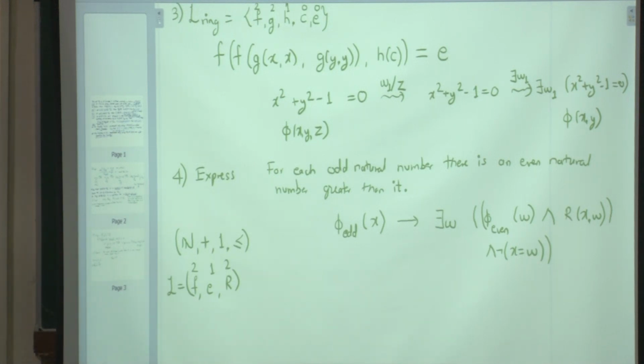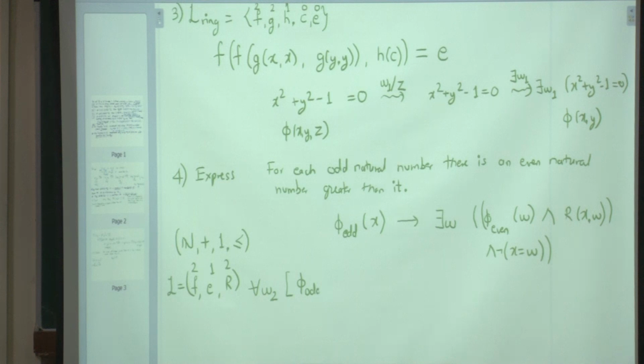But the statement asks for each odd natural number, for each. So we should replace X by another bound variable. Maybe I should use W2. So for all W2, now I will put a parenthesis.